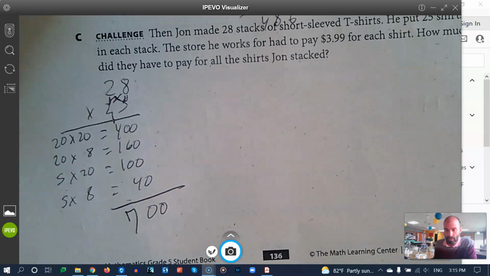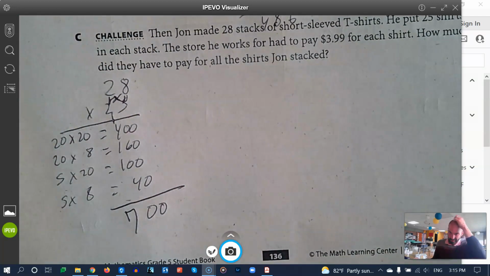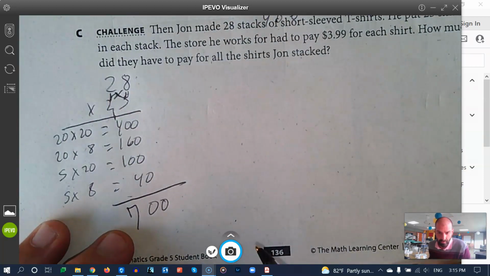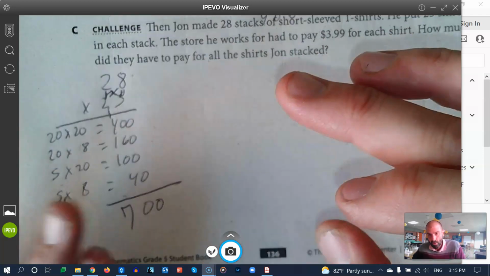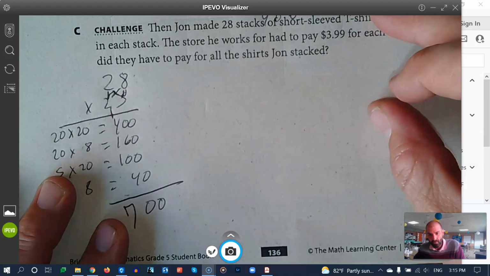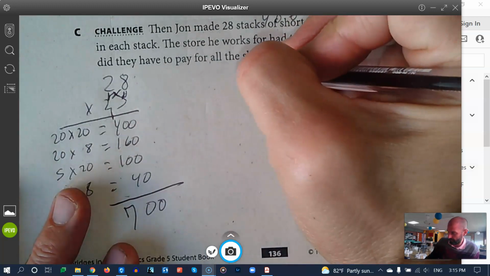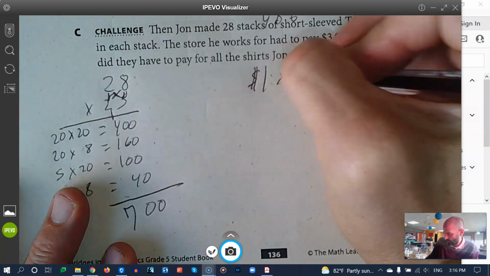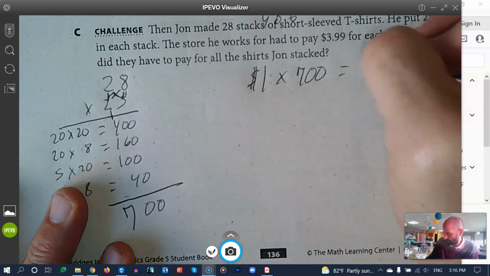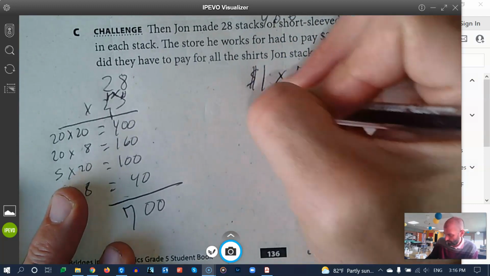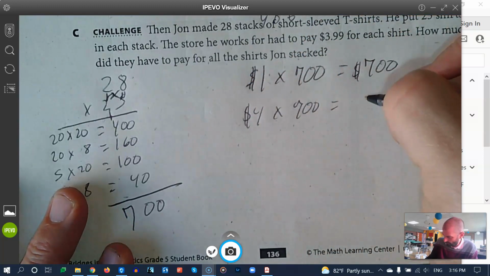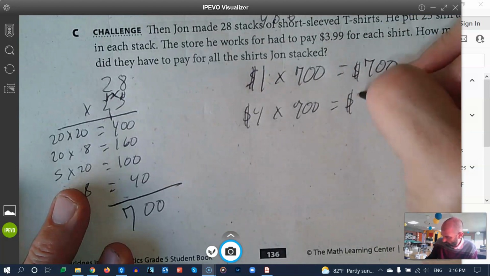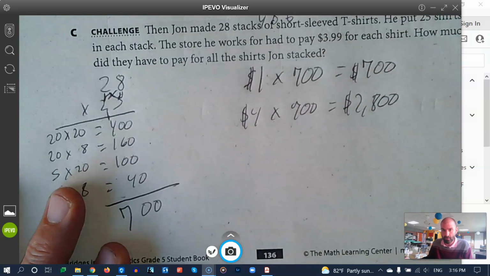shirts, $3.99 per shirt. I'm going to think of it this way. If it was $4 per shirt, 700 shirts. Okay, so let me think of it this way. $1 per shirt, $700. So $4 per shirt equals $2,800.